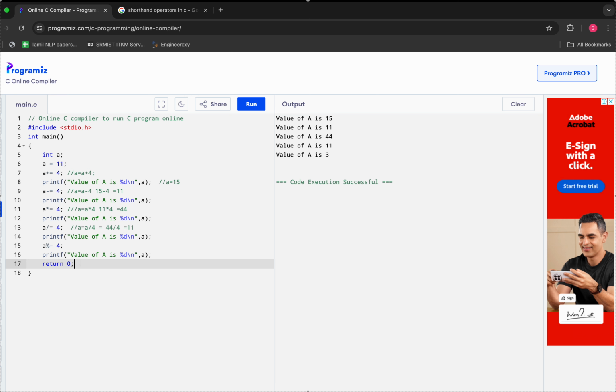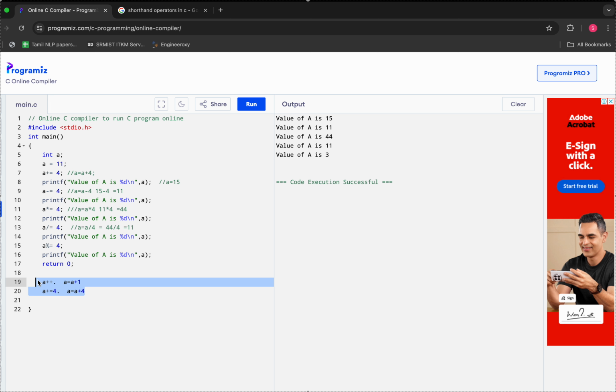Just make a note of one thing very clearly. A plus plus means a equal a plus 1. This is different than a plus equal 4. This means a equal a plus 4. So both are different. Okay, so try to be very clear on this.